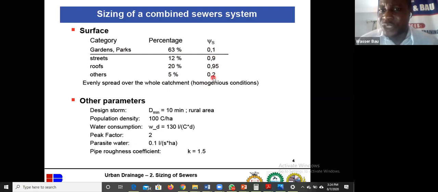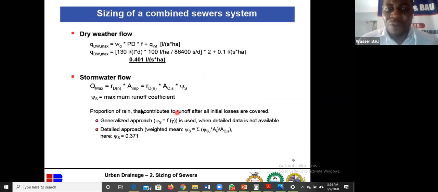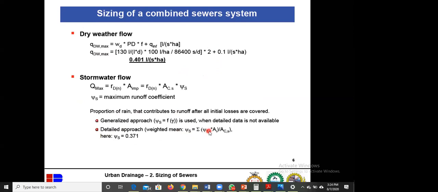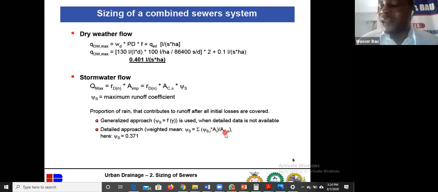If you take a normal average, you will not get 0.37, but you have to take what they call the mean weighted average. And this is what we mean by mean weighted average. Here, mean weighted average means you multiply the coefficient of each area times the area, then divide by the total area. This is a more accurate and a more scientific way of taking average.